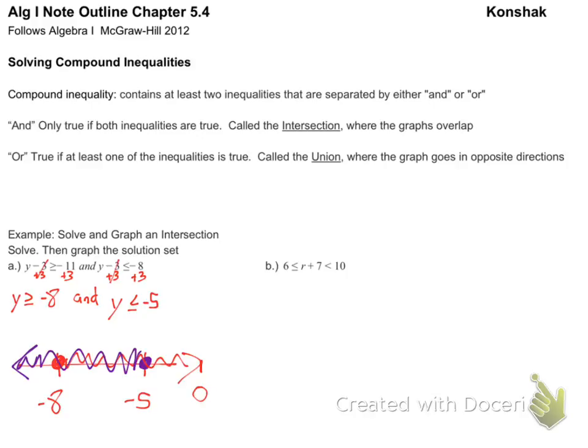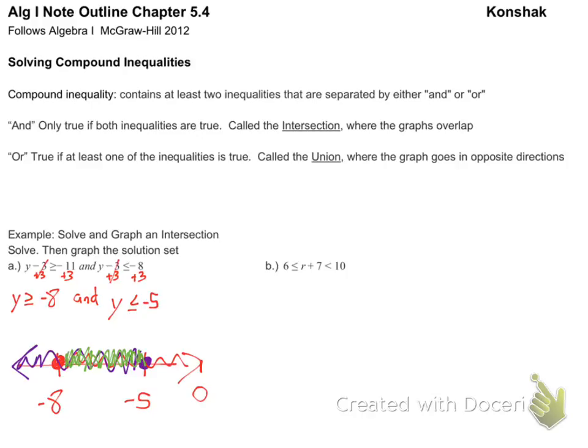to the left. Now, by doing two different colors here, can you see where they overlap? Yeah. They seem to overlap. And I'll change colors again. Here. Right? They overlap from -8 to -5.